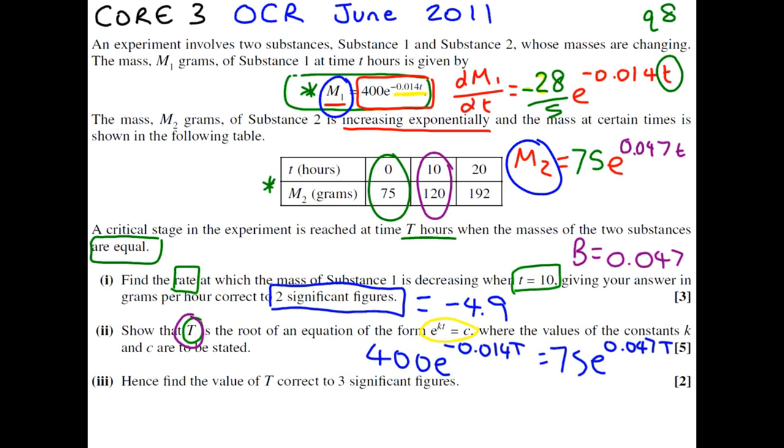So we want to divide by 75 on both sides of the equation, and we want to times up by e to the 0.014t. Okay, the reciprocal of that if you want to be precise. So 400 over 75 equals, using your power laws, e, add the powers when you times, e to the 0.061t.